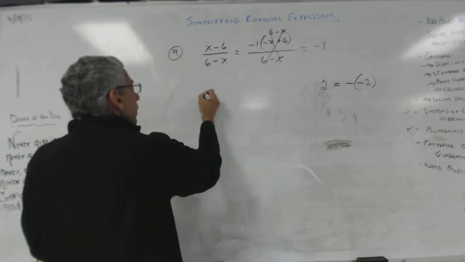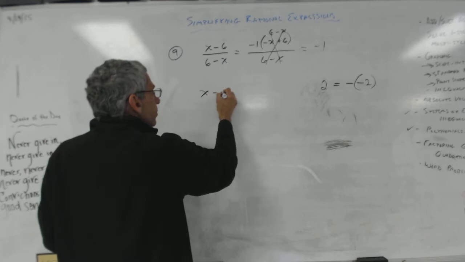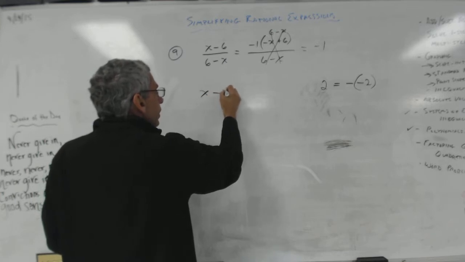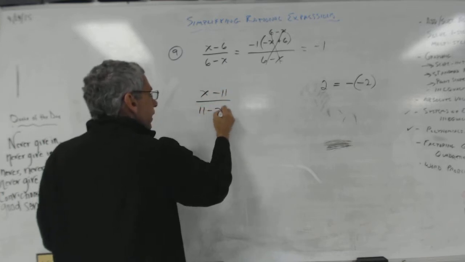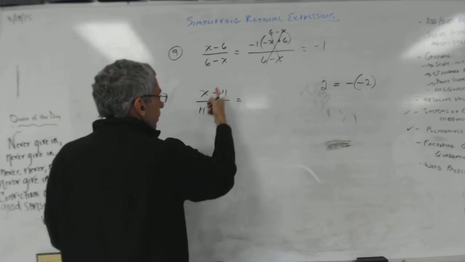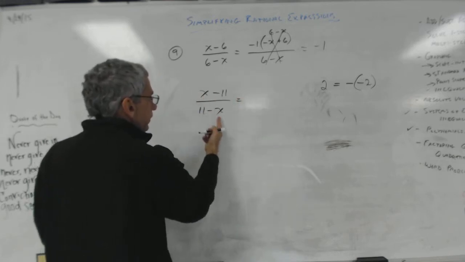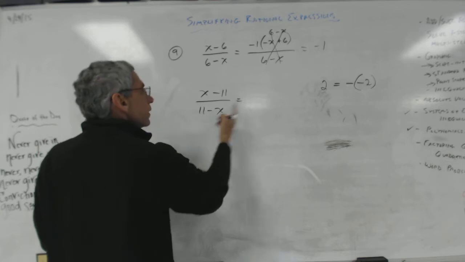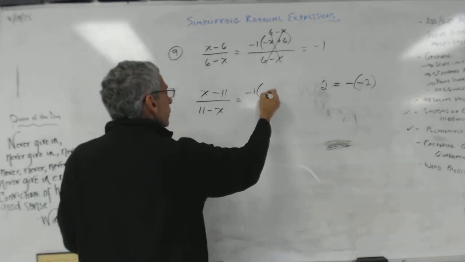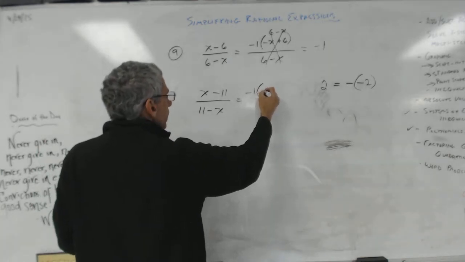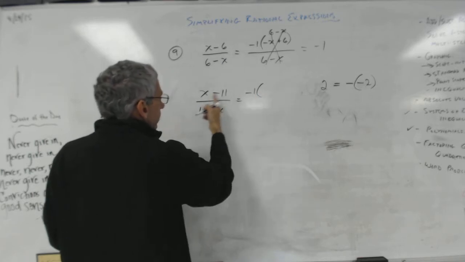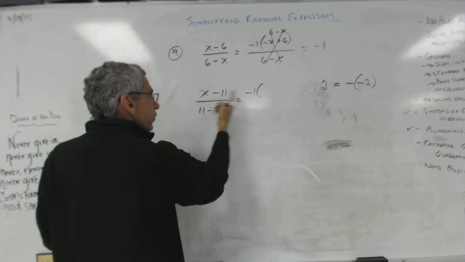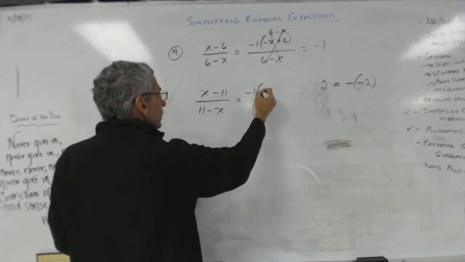Let's try another one. So how about x minus 11 over 11 minus x? So they're just opposite each other. Positive x, negative x. Negative 11, positive 11. So I'm going to just factor out a negative 1, and that gives me, I'm going to do this one first since I'm doing it this way.